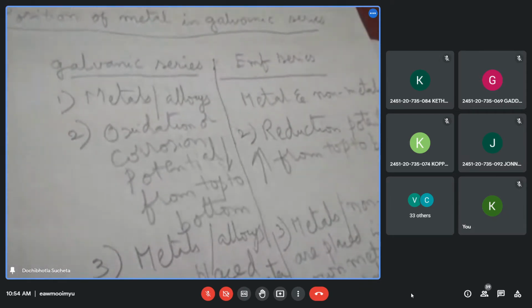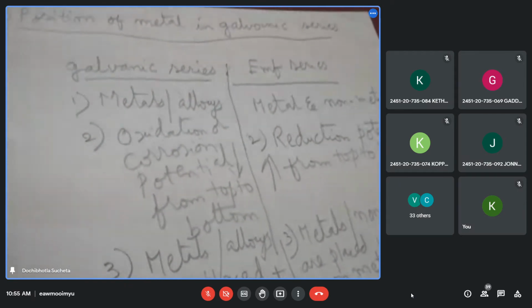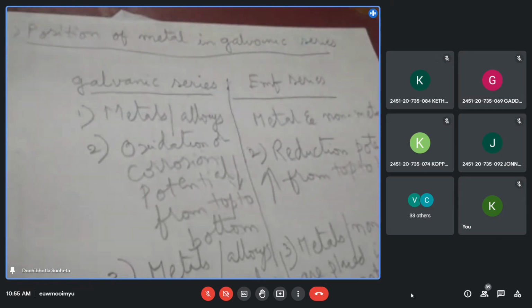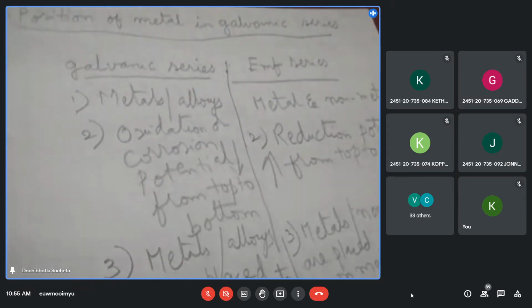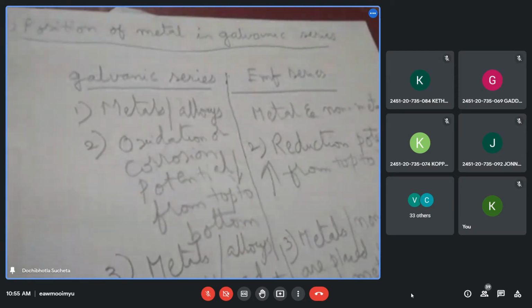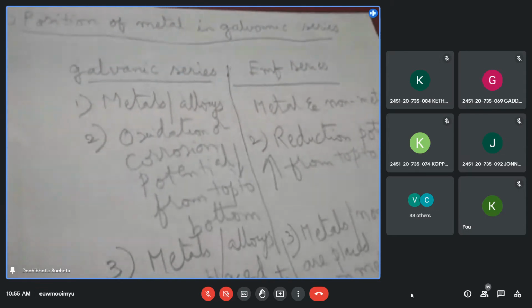Tell me. SRP value of iron is -0.44, zinc is -0.76. Which is anode and which is cathode? Hello, none in the class?